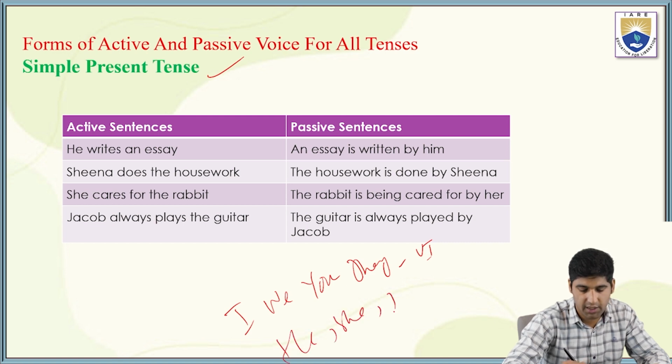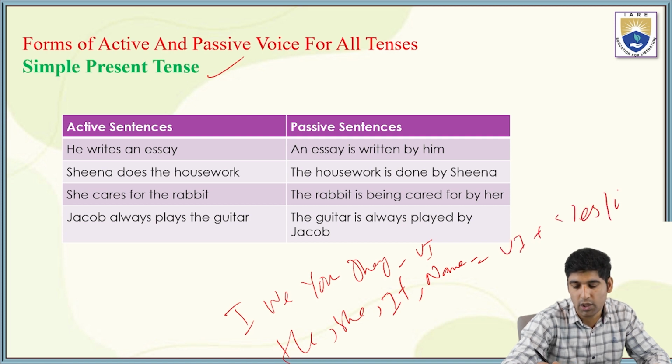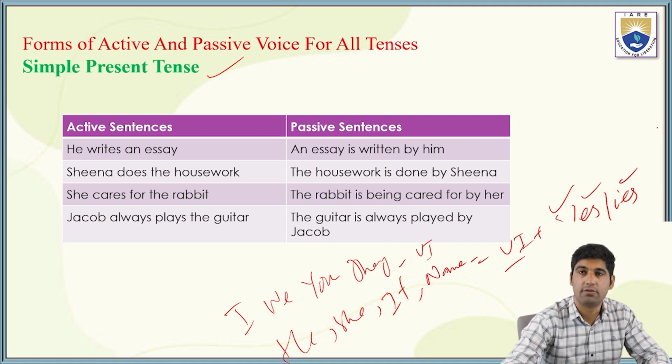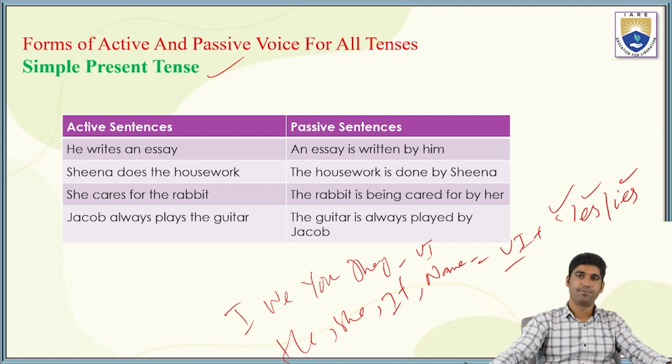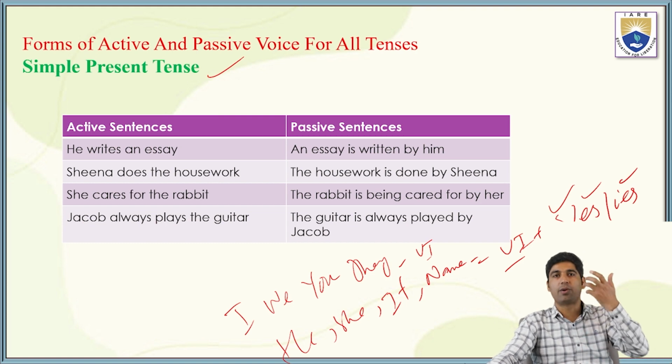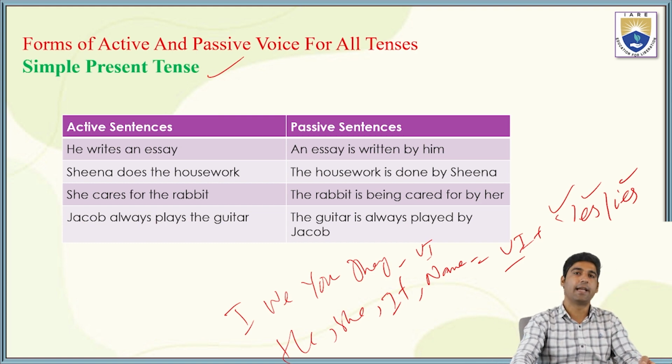For he, she, it, or any name, the verb first form is added with s, es, or ies. There is a definite rule where to add s, es, or ies. I told you that when I was teaching you present indefinite tense. So I revised this so you can understand what a present indefinite tense is.